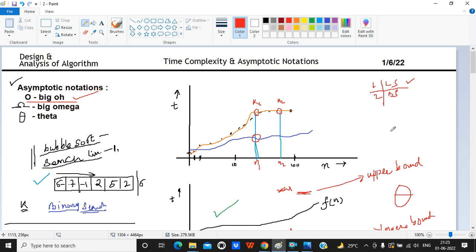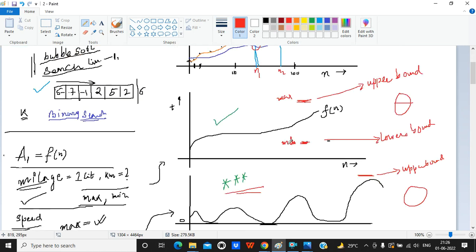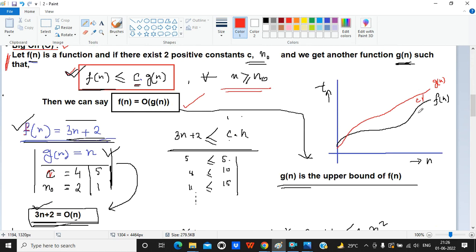They will never meet, but they are getting closer. So if I say this curve and that curve are two asymptotes, it means they will never meet each other in the future. That's why we get the term asymptotic notation.